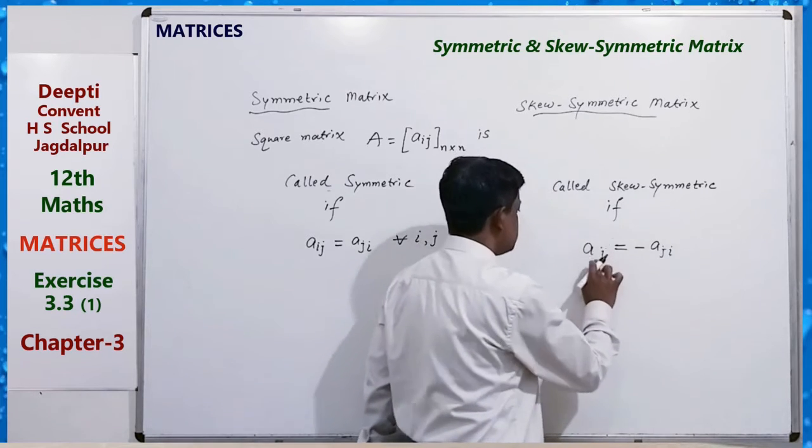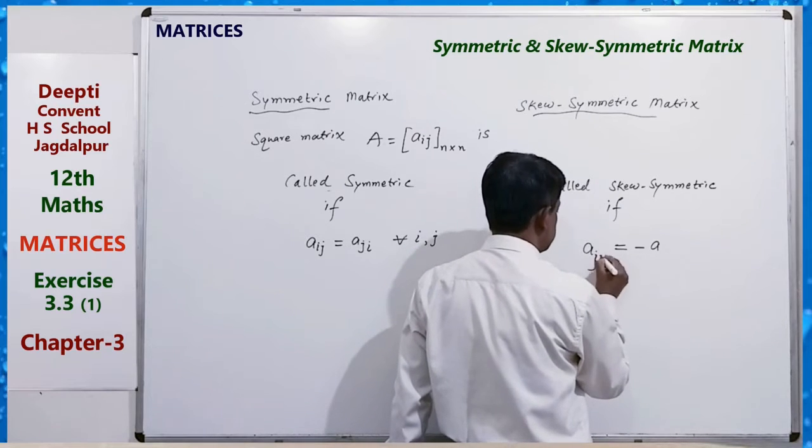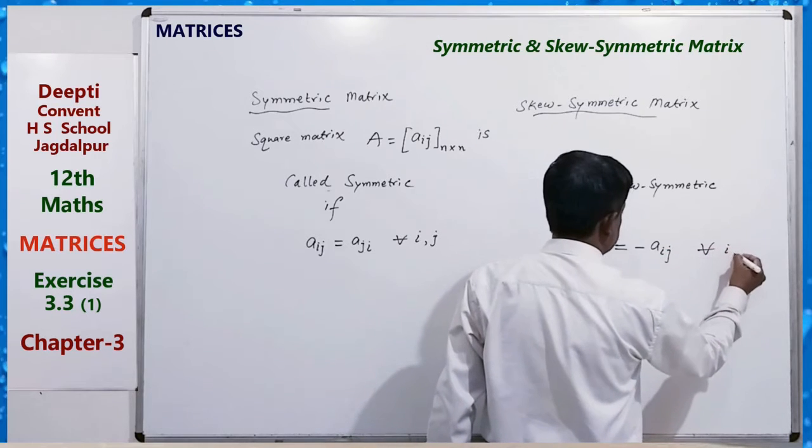You can write it like this: Aji equals Aij for all i, j.